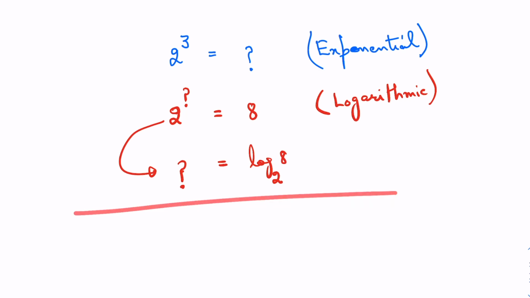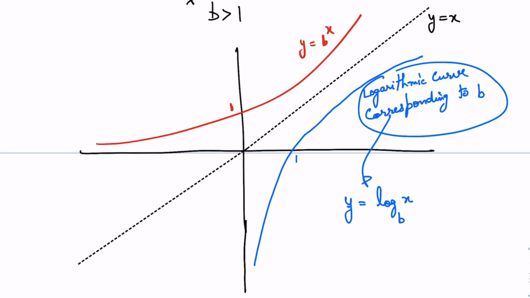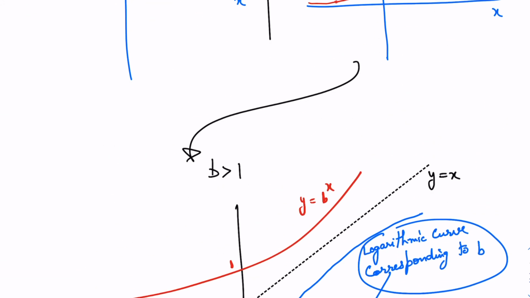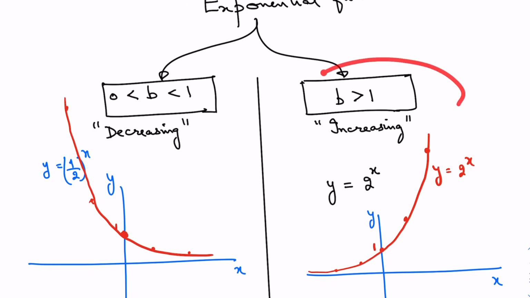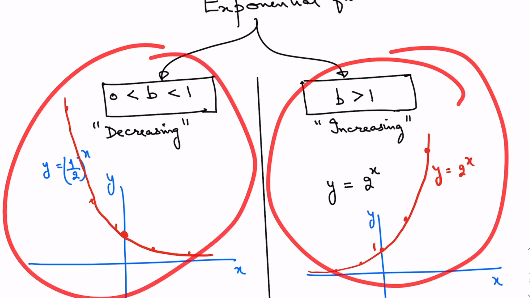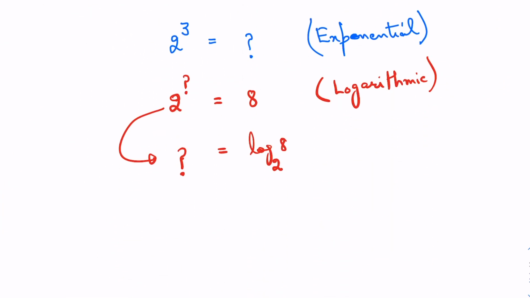We are going to get deep into this in the next one, where we'll describe both families of logarithms, corresponding to increasing exponential and decreasing exponential. We'll also draw graphs for these. But in this one, I just wanted to convey the basic idea, which is very important and very easy to understand.